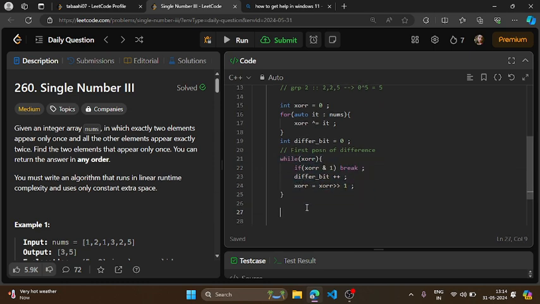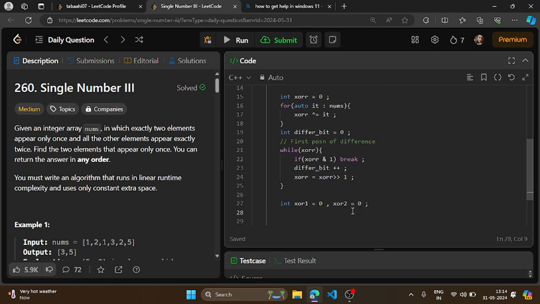Now once I find that particular position, I have to divide the array into two groups, right? So let's say group 1 XOR I will be storing in XOR 1, and group 2 XOR I will be storing in XOR 2. And initially both of them are 0. Now I have to check whether the element in nums belongs to group 1 or group 2.